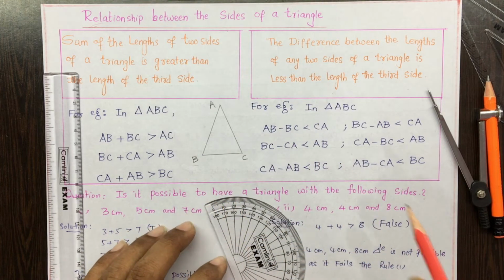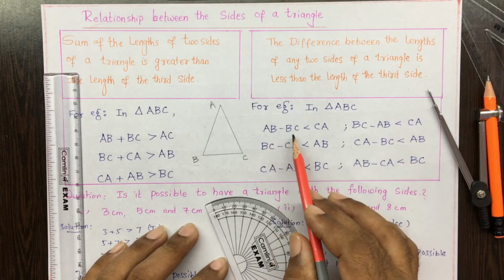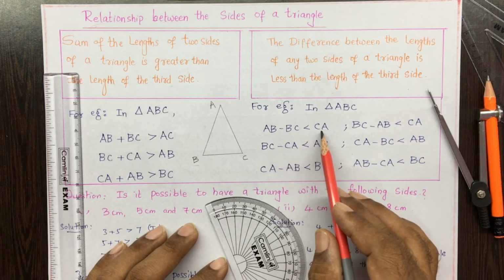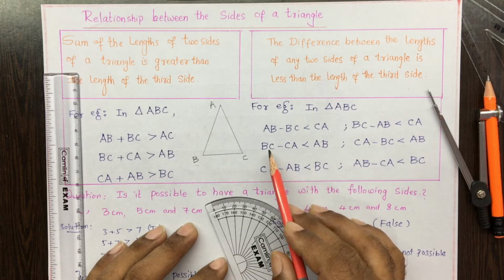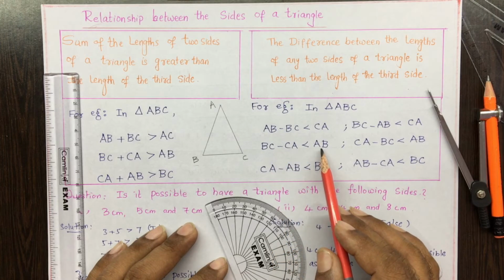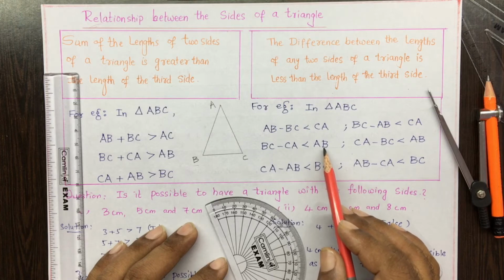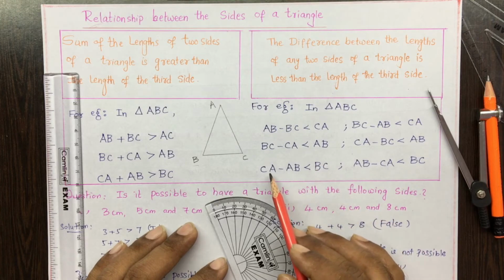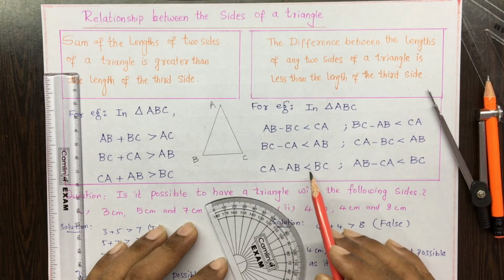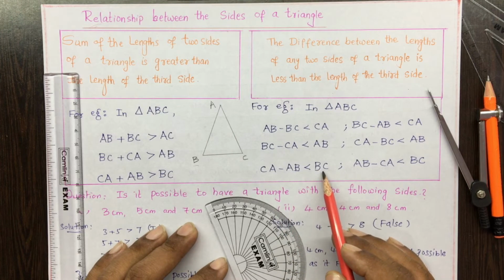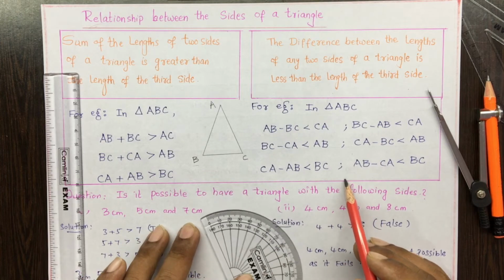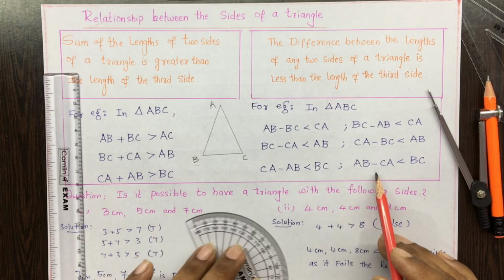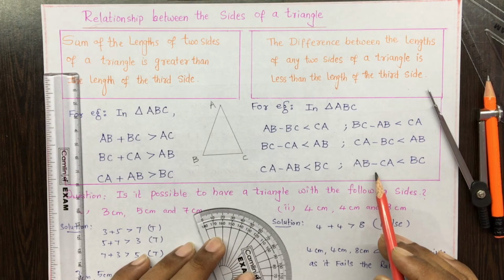That means, if you take the difference AB minus BC, it must be less than the third side CA. Similarly, the difference of BC and CA must be less than the third side AB. Like that, CA minus AB must also be less than BC. In this way, you can say if the triangle can be constructed or not.